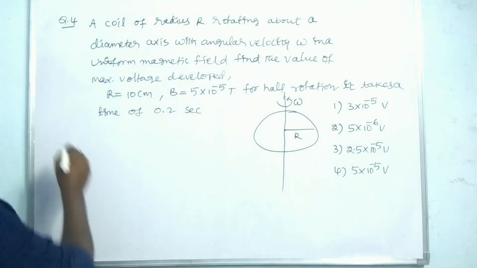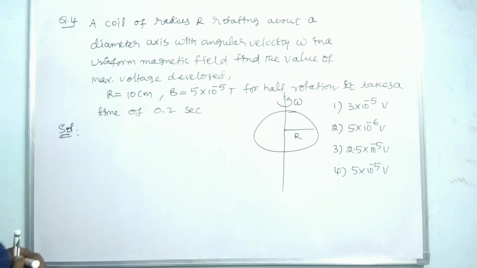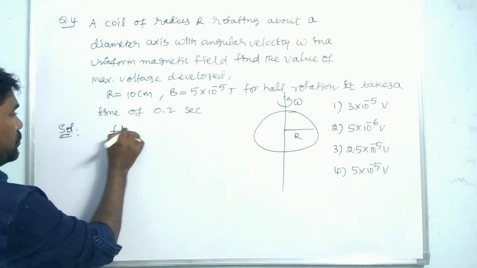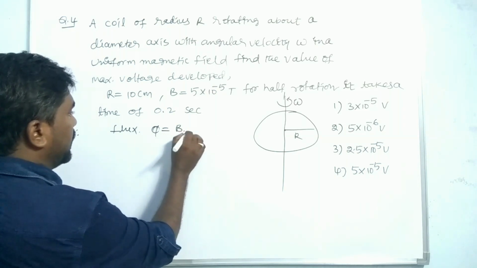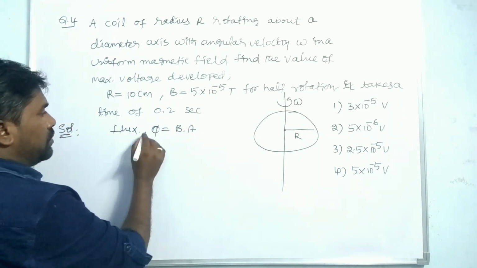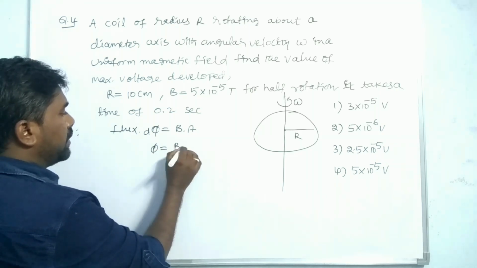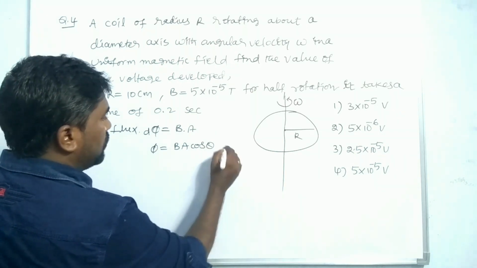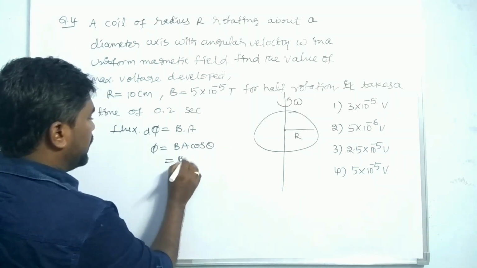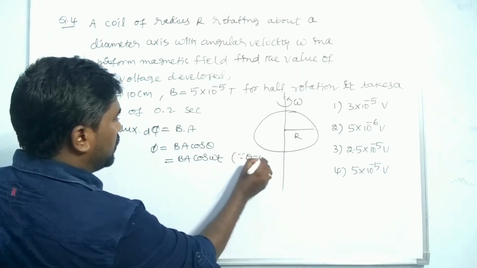The flux produced is phi equal to B dot A, which is phi equal to BA cos theta, where theta is equal to omega t. So BA cos omega t.